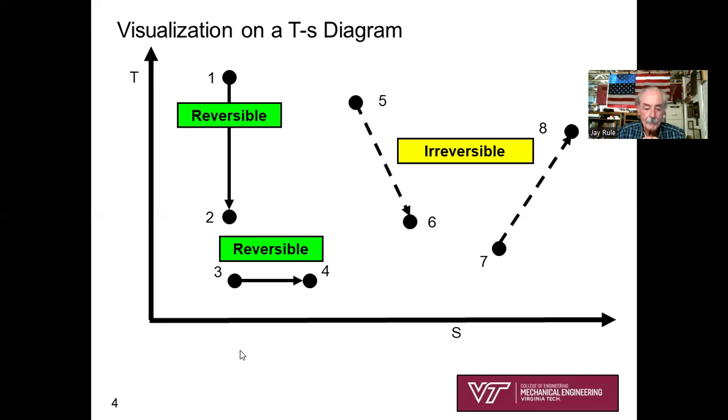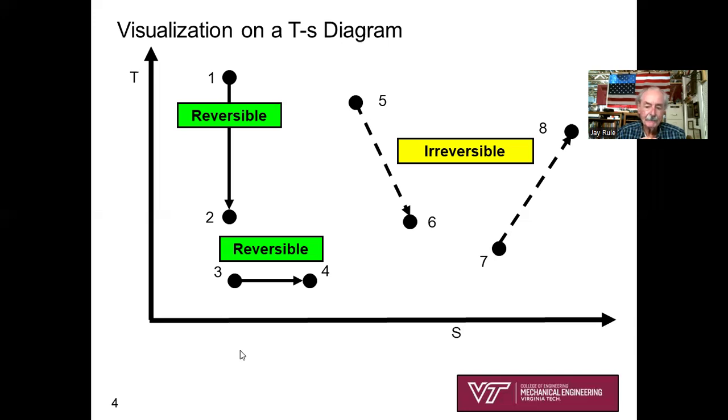Okay, 3 to 4. I've shown it as a straight, smooth line. It's reversible. What else could you say about this particular process? I could say that T is constant. So this would be a reversible isothermal process. And it's a little subtle, but we would describe this as an internally reversible process.